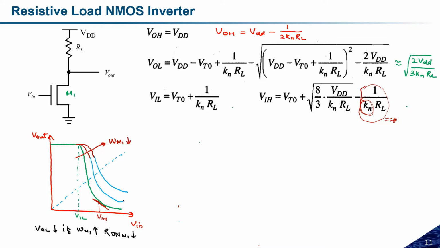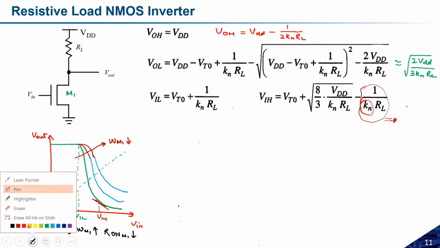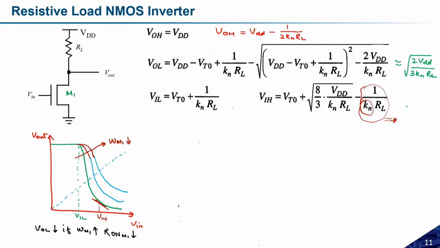The important thing is, I just told you before also, if the on resistance of M1 is equal to RL, you can achieve up to VDD by 2 only. The maximum value that you can achieve will be VDD by 2.